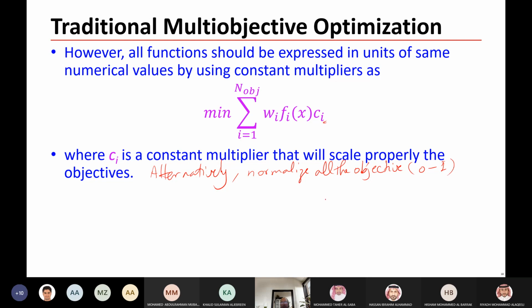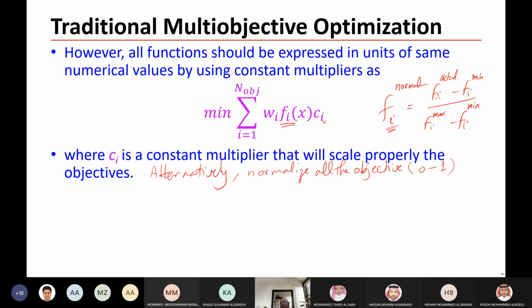How can you do this? You can divide: the normalized fi equals the actual value of the objective minus fi minimum, over fi maximum minus fi minimum. So you divide over the maximum and the minimum. In this case, you have this normalized value between 0 and 1.